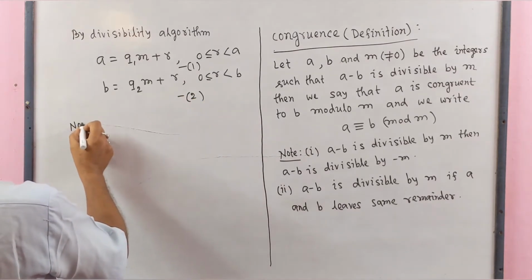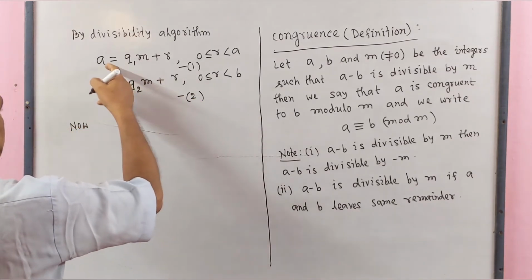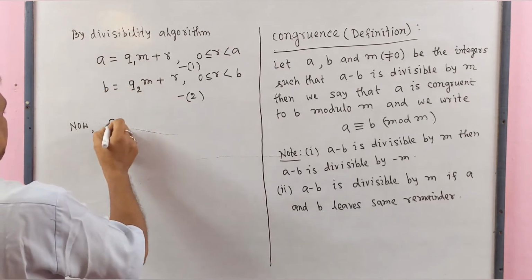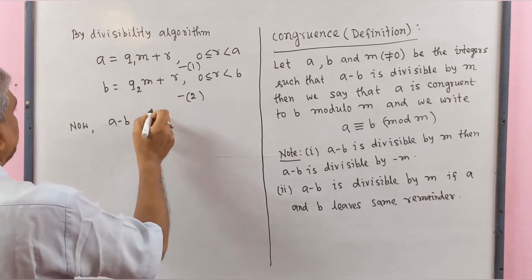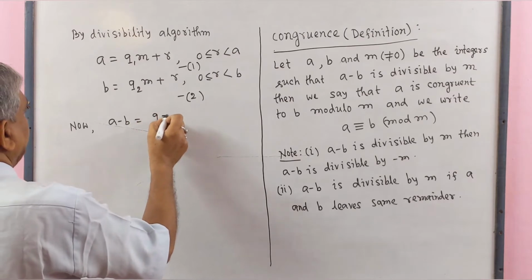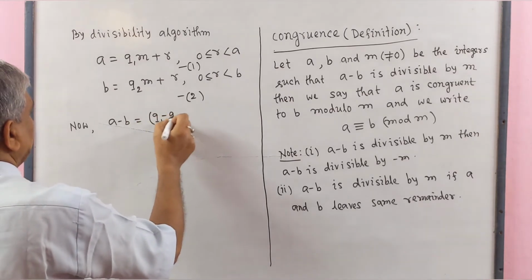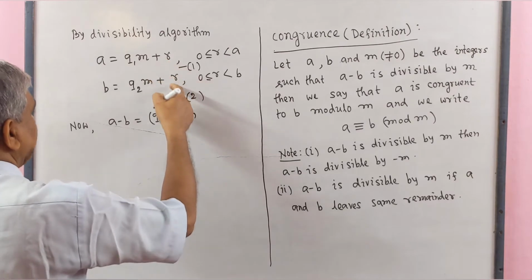Now a minus b equals (q1 minus q2) m plus (r minus r), that is 0.